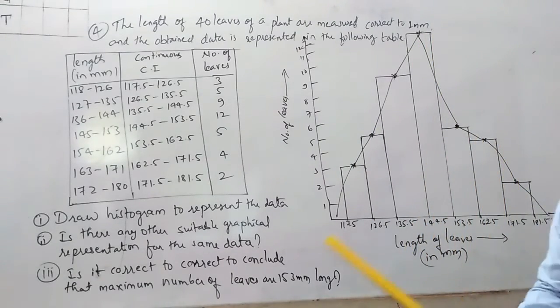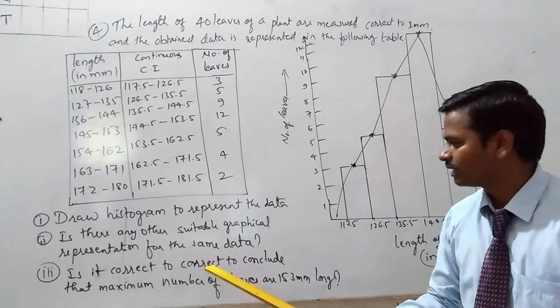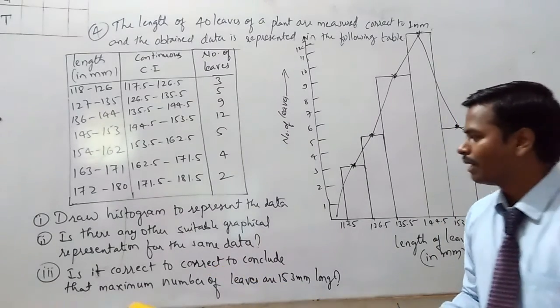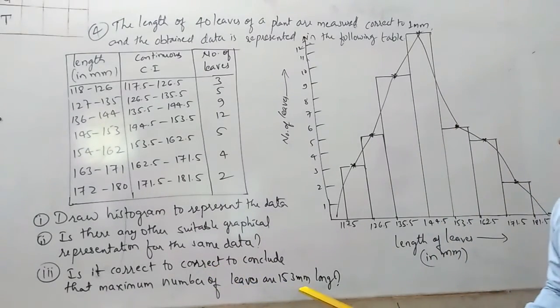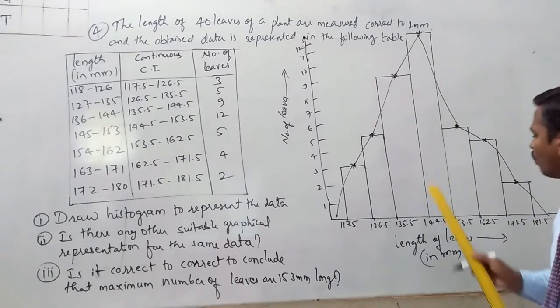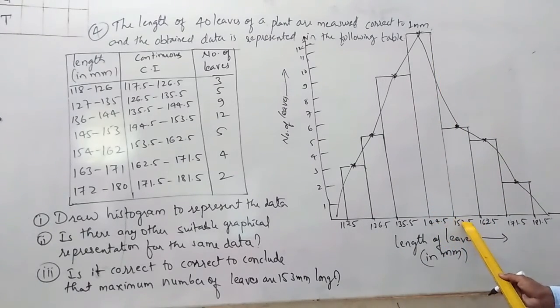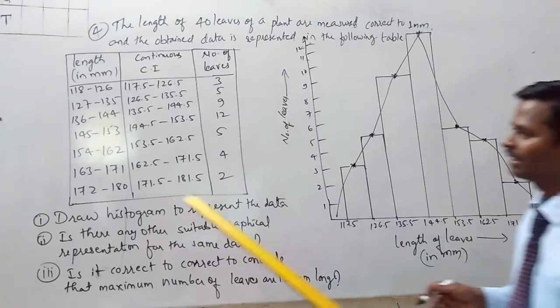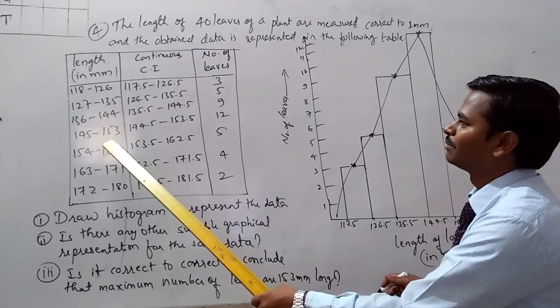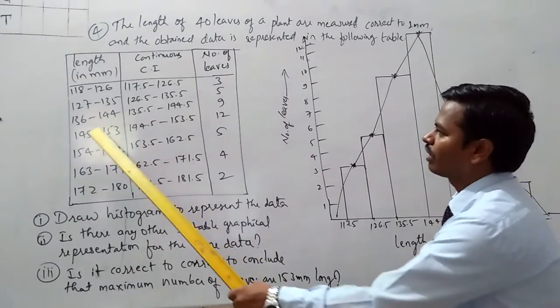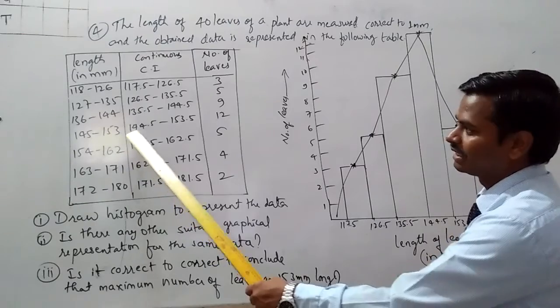The next question: is it correct to conclude that the maximum number of leaves are 153 millimeters long? No. The maximum frequency is in the interval from 144.5 to 153.5.